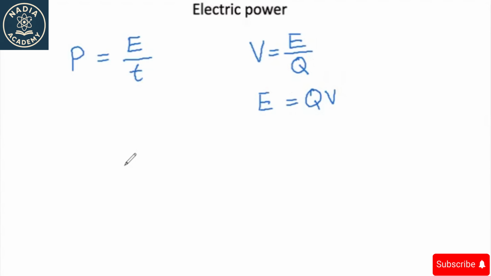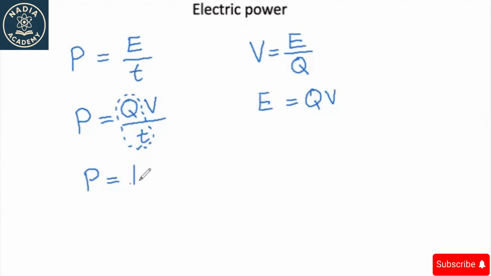If we put this value of the electrical energy in the formula, the power is equal to charge times potential difference divided by the time. Here, charge over time is current. So the power is the product of current and potential difference.